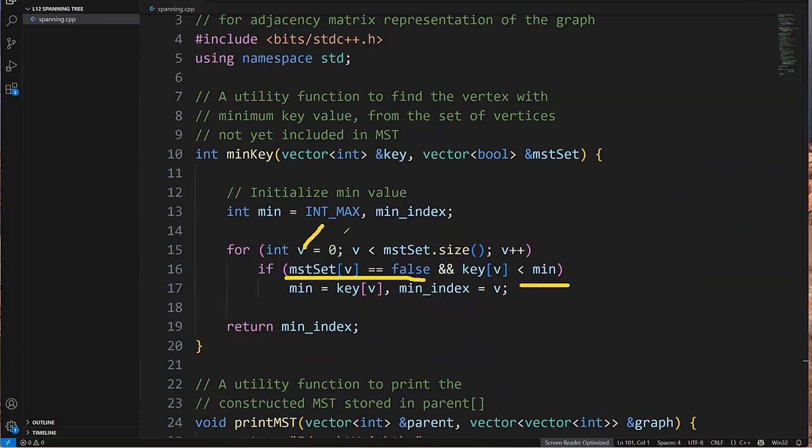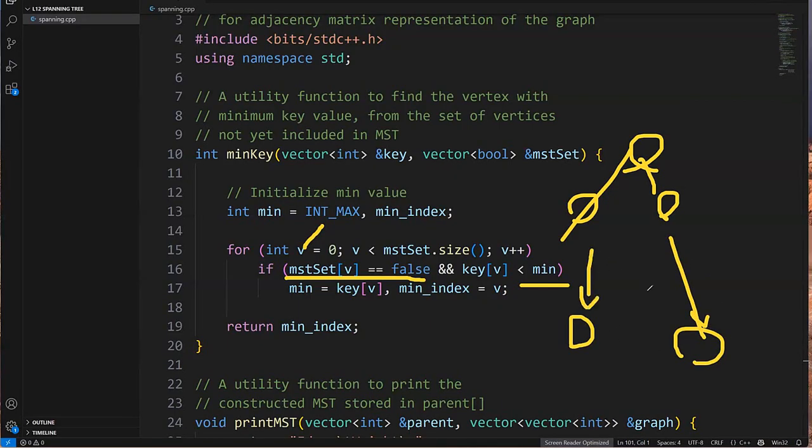Key is the node that has the minimum weight to that edge, to that node. So if you have something that you already found, then something that you haven't found, if there's an incoming edge, we call it key. And from those keys you find the minimum one, and then you pick that node and include it.